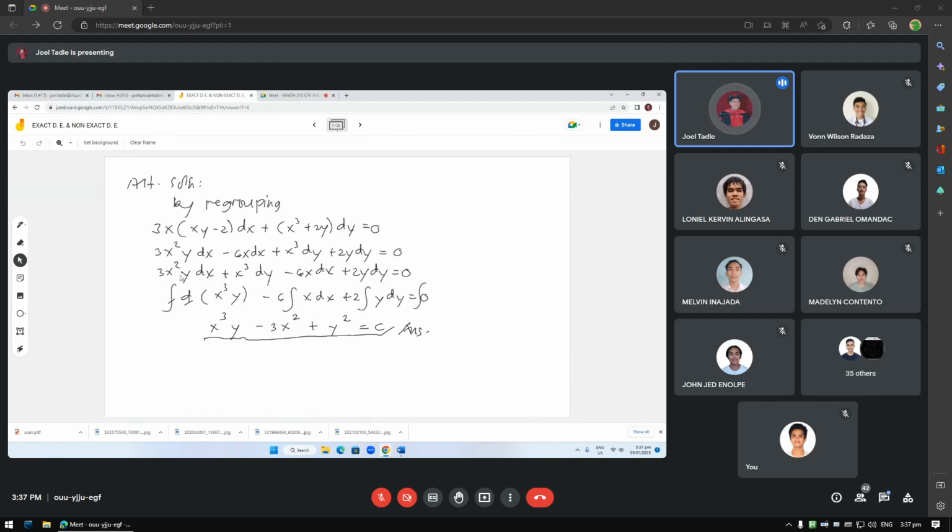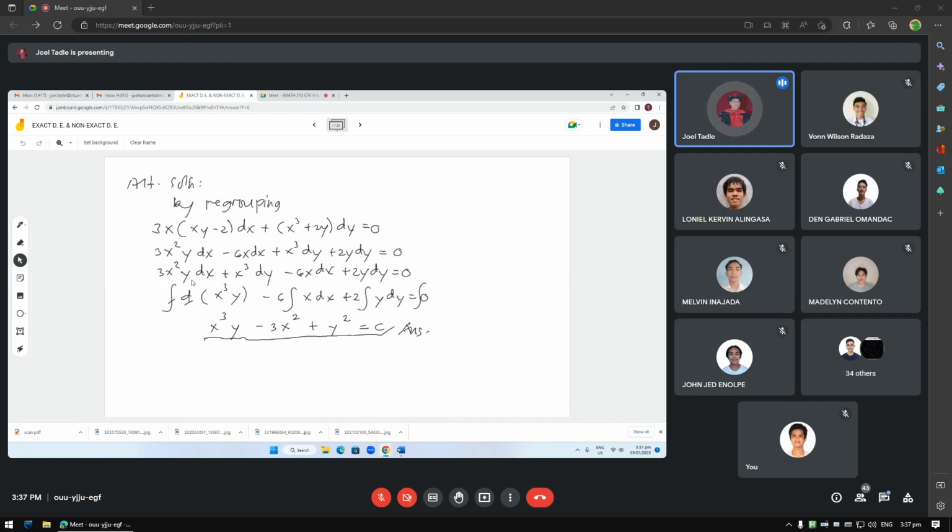Diri sa first term, doon na kay y, naka-multiply sa dx. Tanawon nimo maayo asay lahi ba, no? So, x cubed times y, product na siya. Derivative of product, x cubed y is just equal to this combination, 3x squared y dx plus x cubed dy.